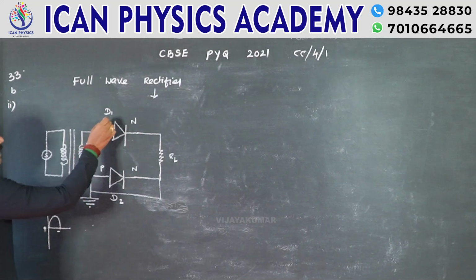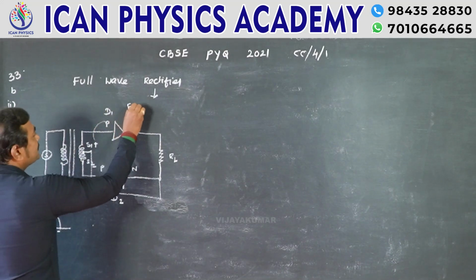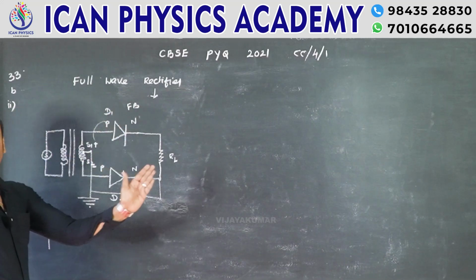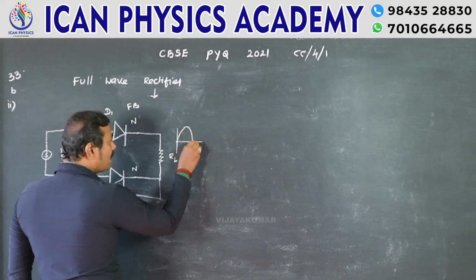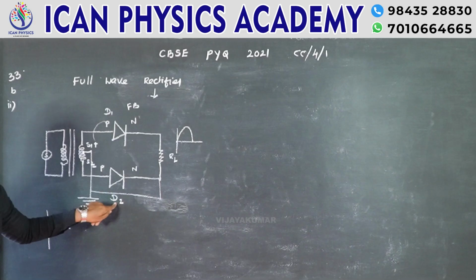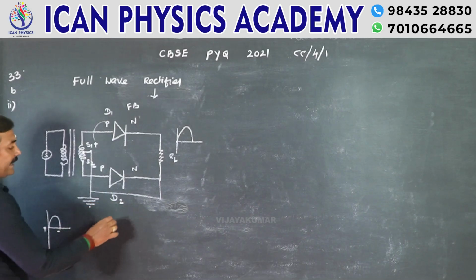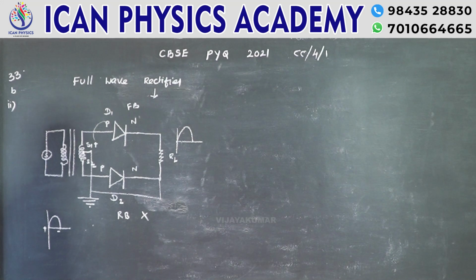When the positive is connected with the P side, D1 is forward biased, so it gives the output. At the same time, the negative is connected with the P region of D2, which gives a reverse bias, which does not allow current.